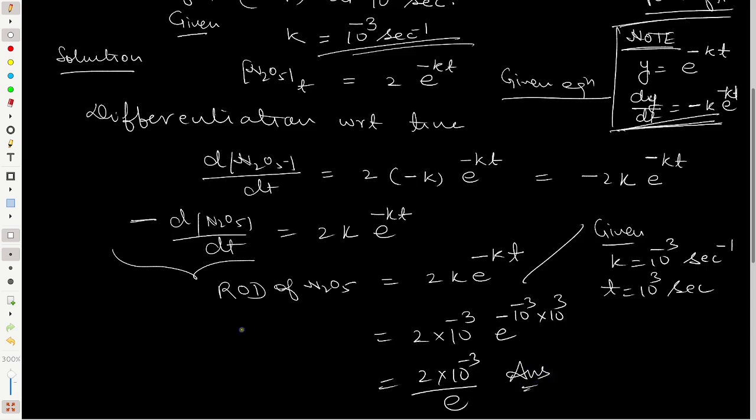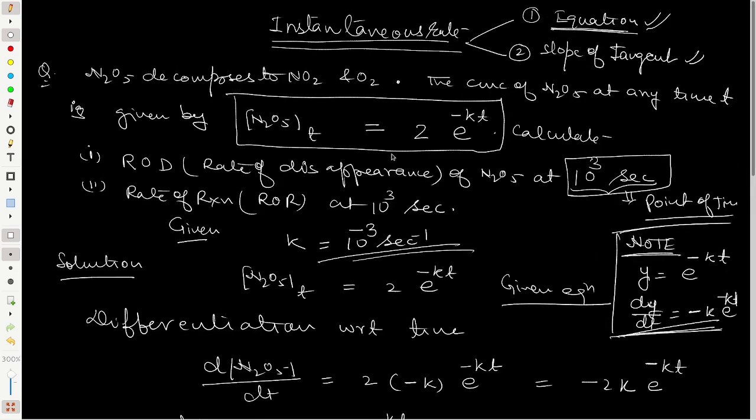It means you have now calculated the rate of disappearance of N2O5. We should once have a look at this question. Dear friends, this is the question of the instantaneous rate. How do we decide that?